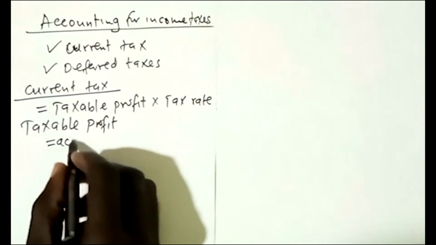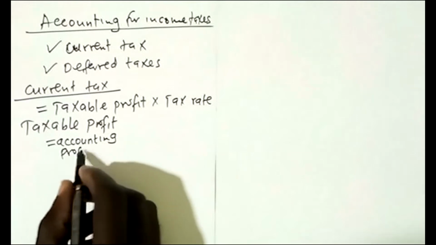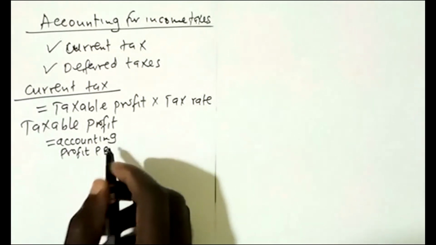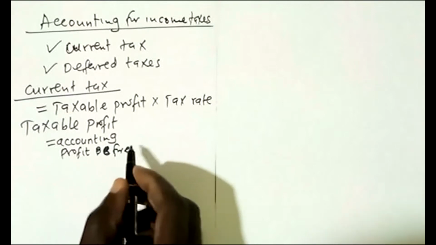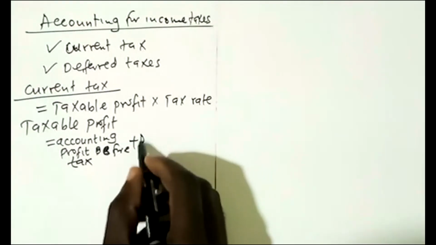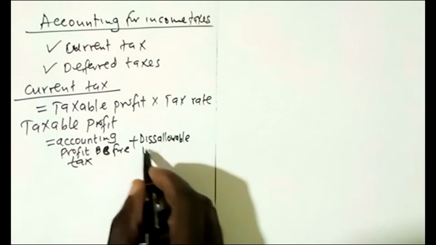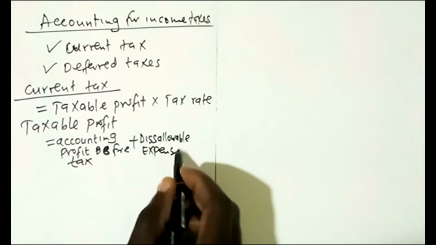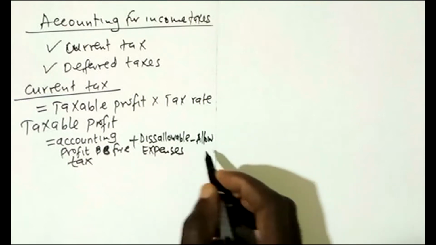Taxable profit is equal to accounting profit before tax. To the accounting profit before tax, you add the disallowable expenses and you minus the allowable expenses.